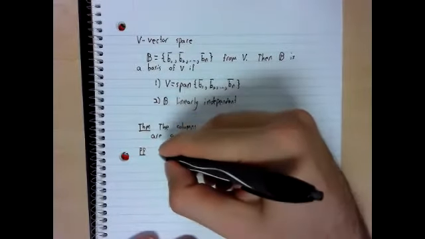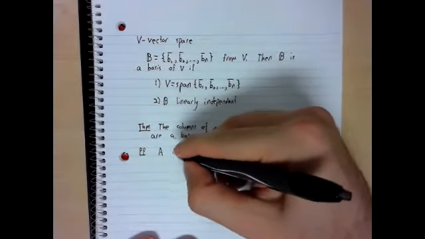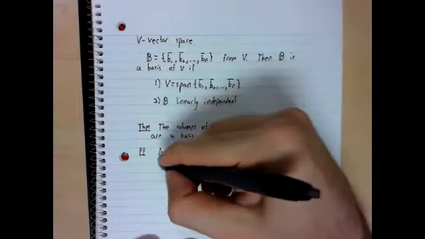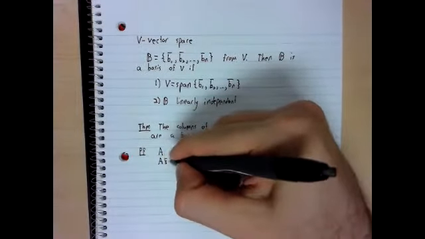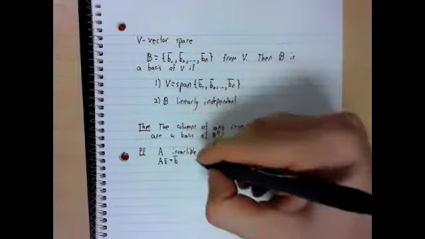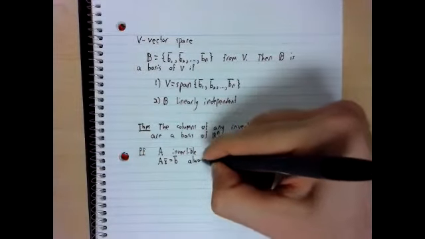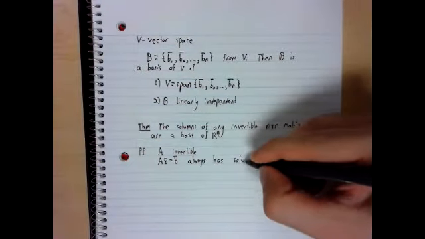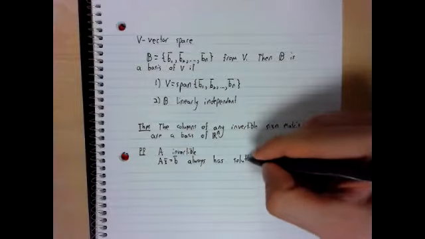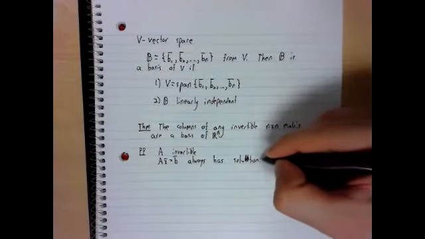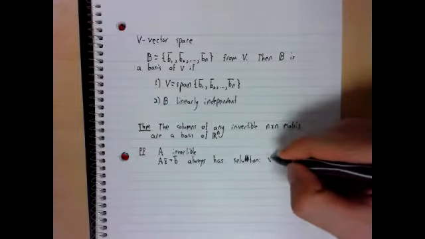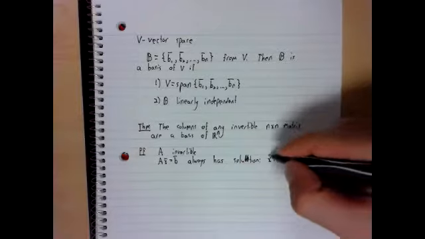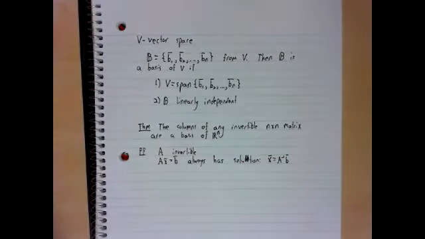Proof. Let's say that A is invertible. Then AX equals B always has a solution. In particular, X equals A inverse B is a solution.